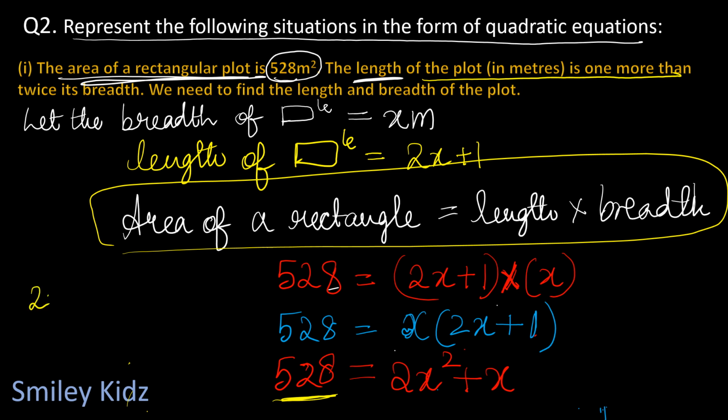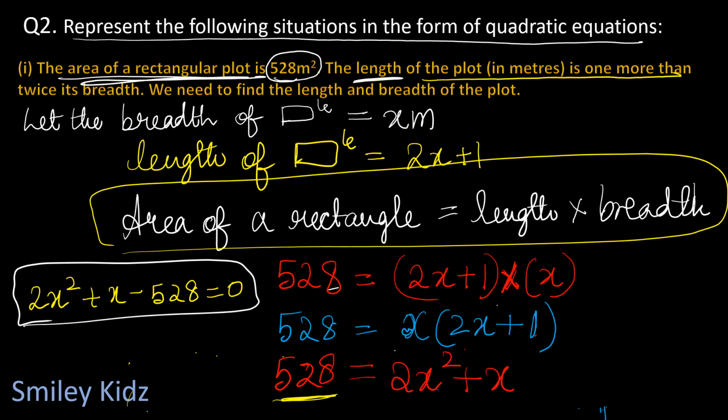You will get 2x square plus x minus 528 equals to 0. Have a look at this. This is the quadratic equation we must arrive to by just looking at the conditions. So 2x square plus x minus 528 is the quadratic equation of this particular question.